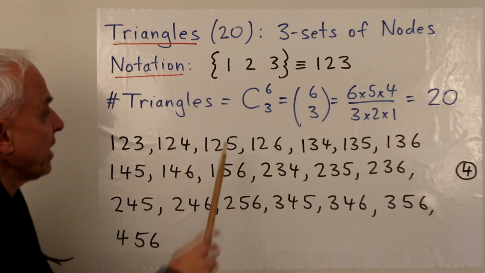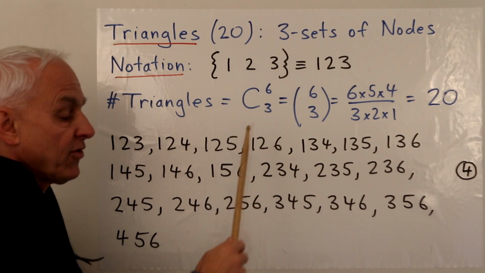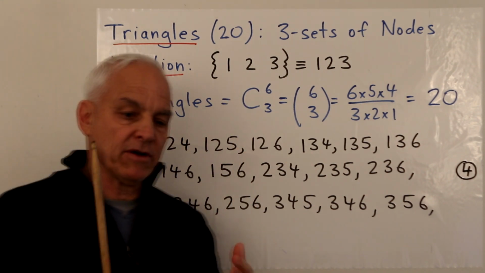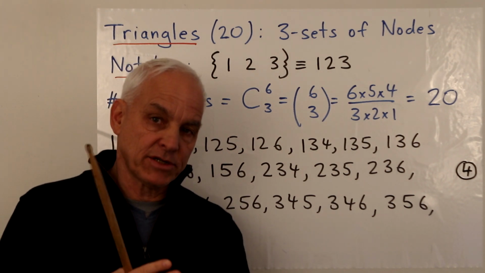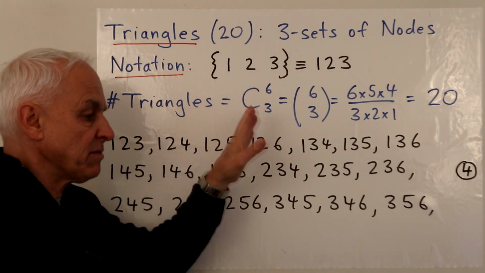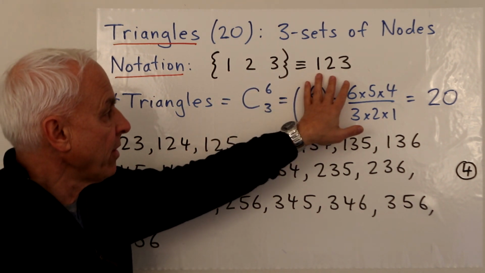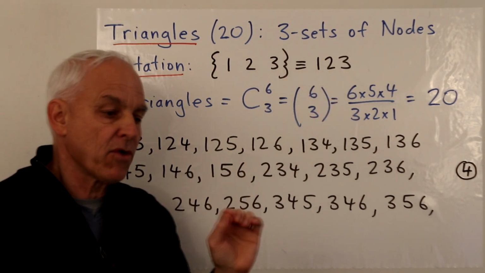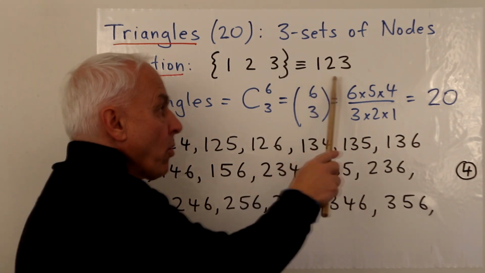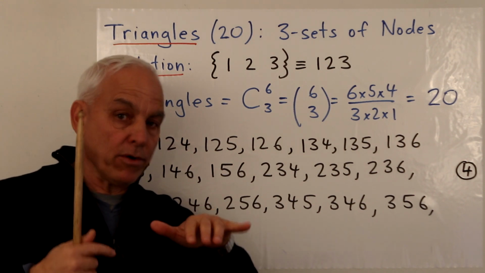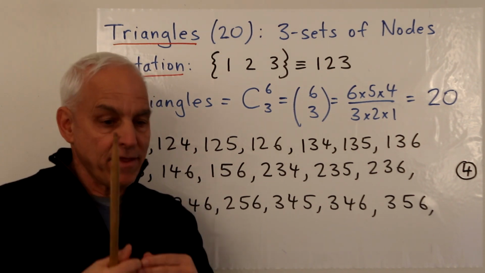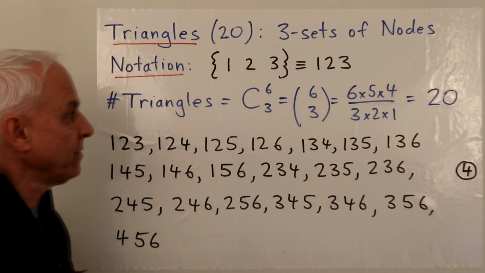Our notation is that, well, here's a three set consisting of the nodes 1, 2, and 3. And we're going to adopt a very similar notation as we did for edges. So instead of having to write these braces and these objects with spaces, we'll just put them together as 1, 2, 3 with the agreement that we're going to choose the ordering imposed by the natural order of our 6 objects. So the smallest one comes first, and then the next smallest one, and so on.